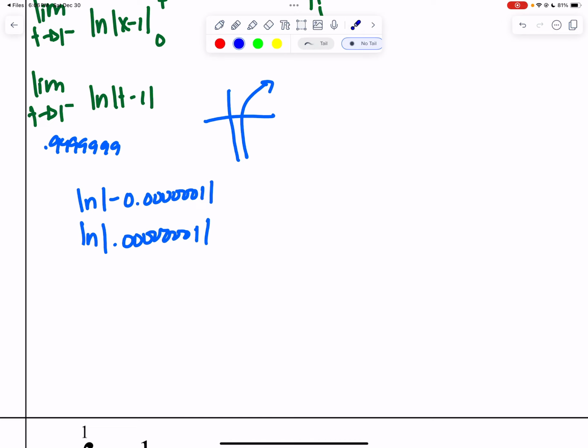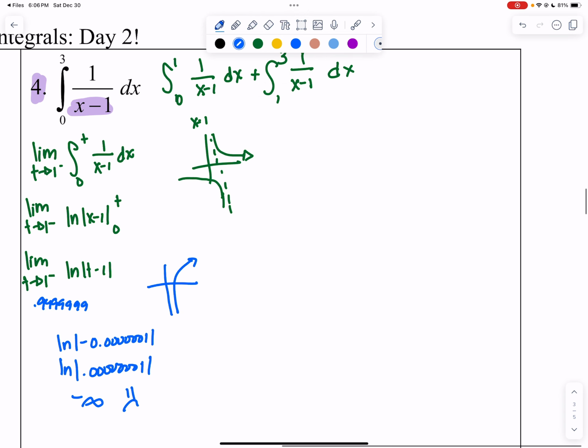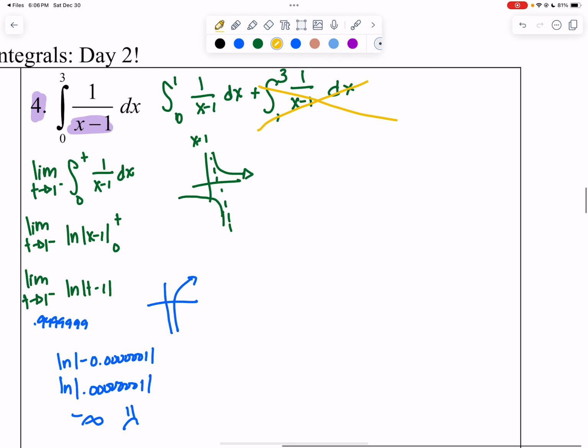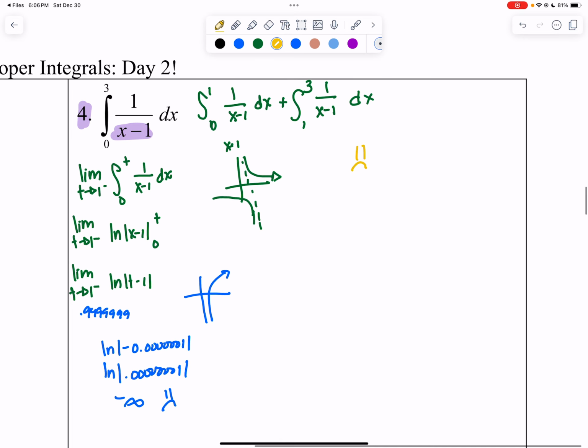And that, if I were to look at my graph, approaches negative infinity. And it diverges. Since we have negative infinity and it diverges, we know that I don't care about this one right here, just because this already diverges, meaning that this whole problem diverges. Sad face.